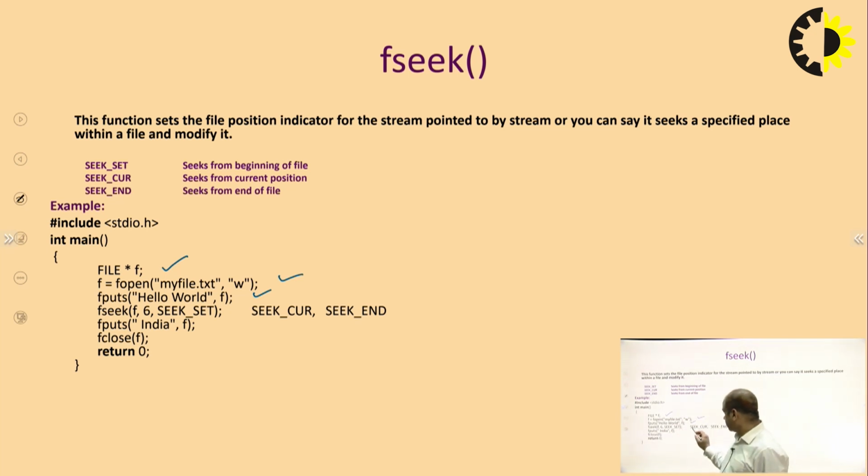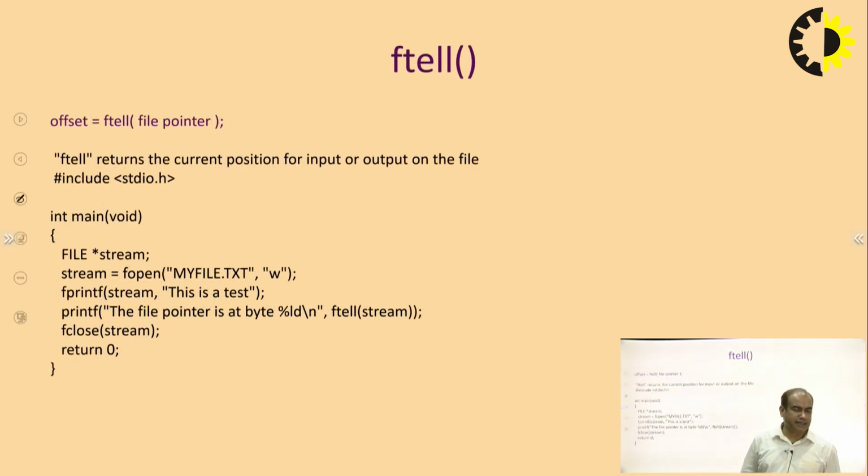So that is fseek current or end. Then fputs India comma fp. So we are going to close that file. So that particular hello world will be stored at the beginning of that file, by checking that file.